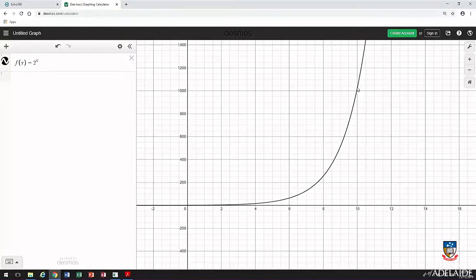Okay, that's exponential functions. I'm just going to draw that down.